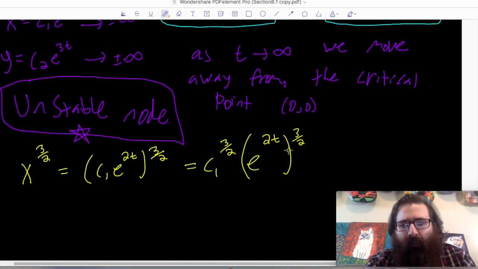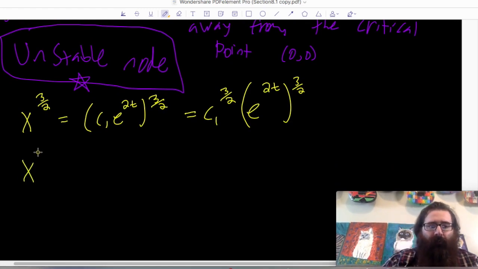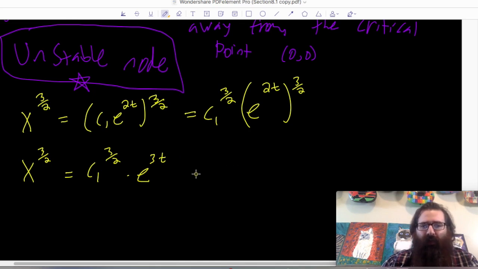And here where we're re-raising, that means we multiply the exponents. So we get x to the power of 3/2 equals c sub 1 to the 3/2 times e to the power of, here the 2's cancel, we're left with t times 3, or that's 3t. And then from here we can try to introduce some mention of y.